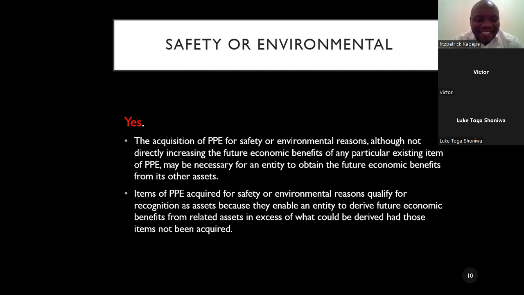Okay. They will be capitalized. The acquisition of property, plant and equipment for safety or environmental reasons, although not directly increasing the future economic benefits of any particular existing item of property, plant and equipment, may be necessary for an entity to obtain the future economic benefits from its other assets. Yes, it is not increasing, but there may be some economic benefits that will flow in future.